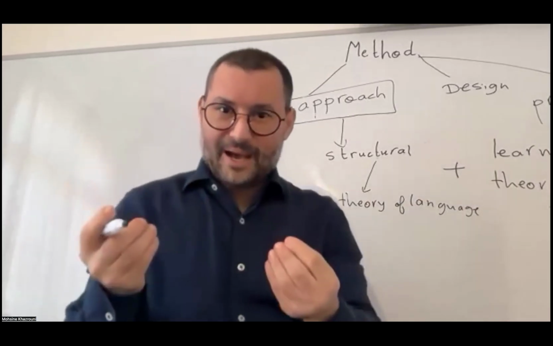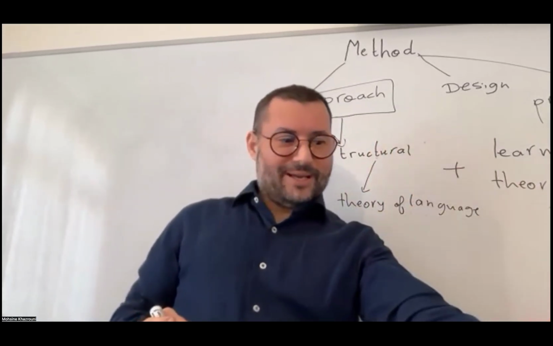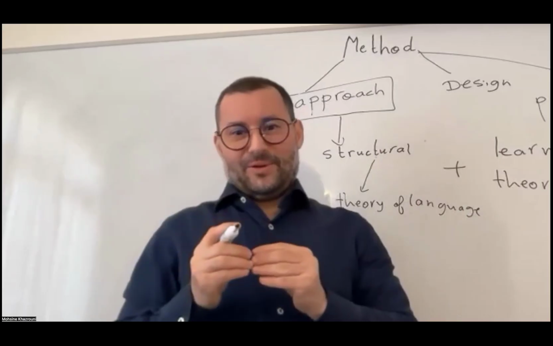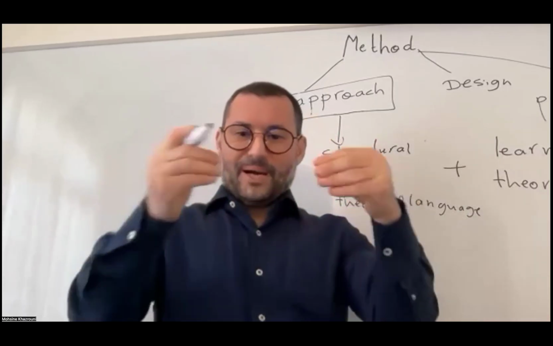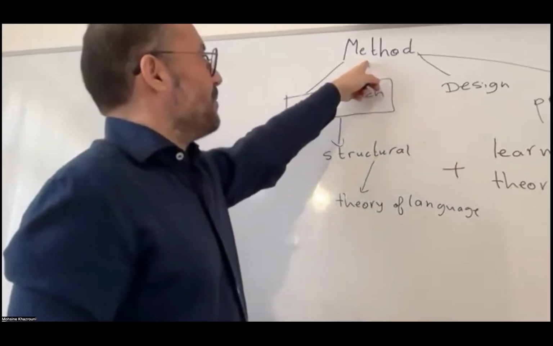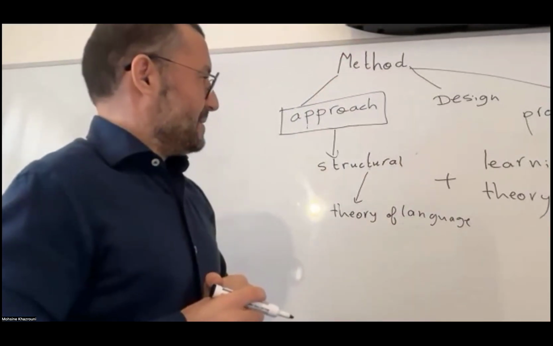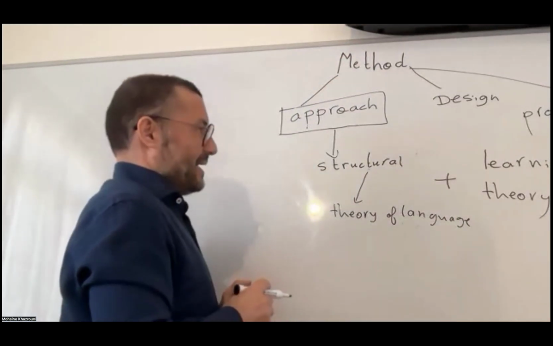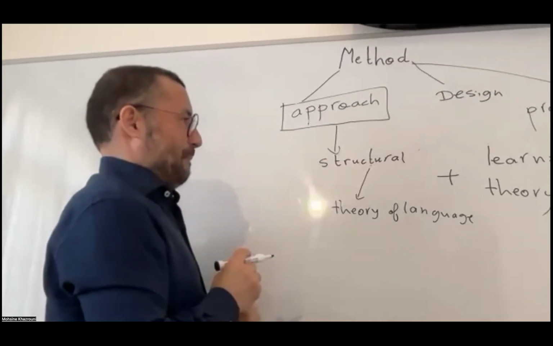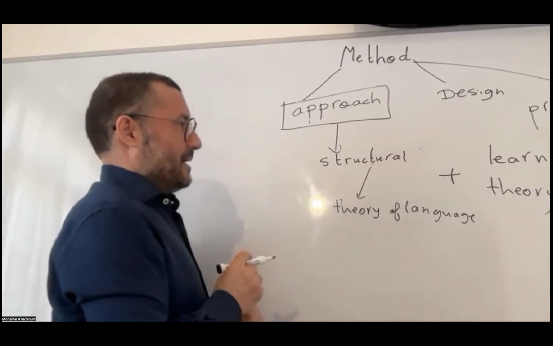So we must have language theory plus learning theory. Together, we combine them, and then we can have a method. Okay, so let's give an example. What's the difference between the two?